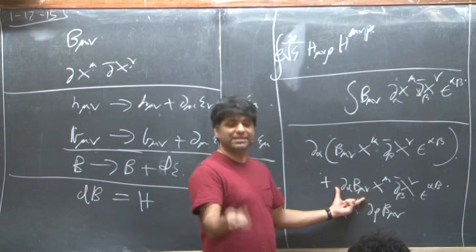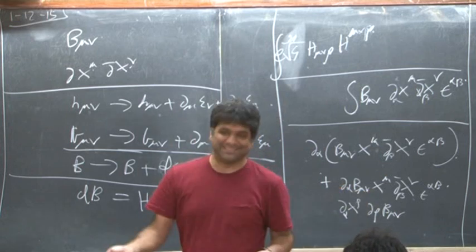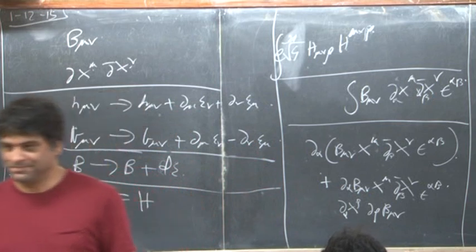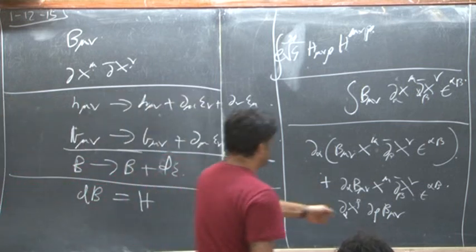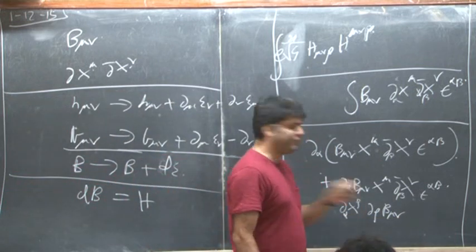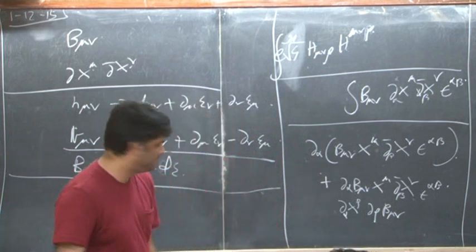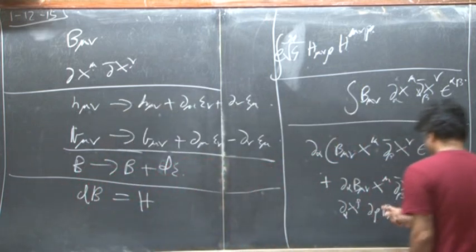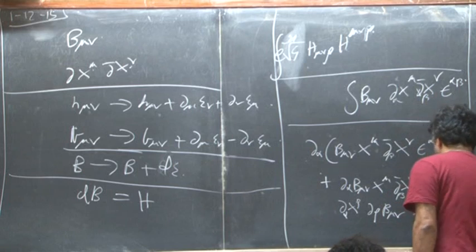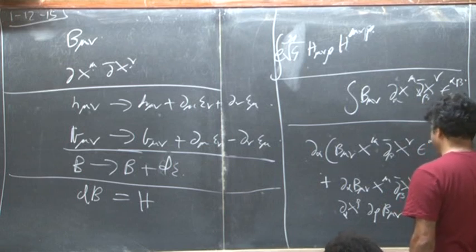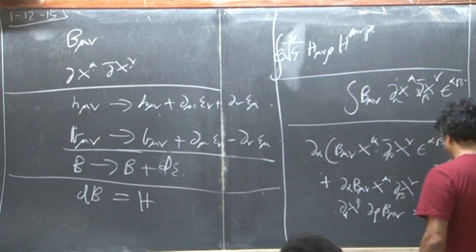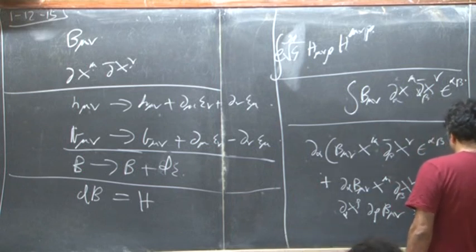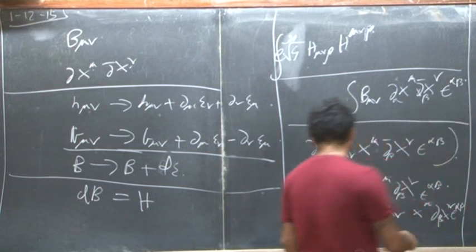B is a function of sigmas because it depends on x. So I'm using the chain rule. What is del alpha of B mu nu? It is del rho of B mu nu times del alpha of x rho. Okay? Then there's this del alpha, del beta, x mu, and epsilon alpha beta.